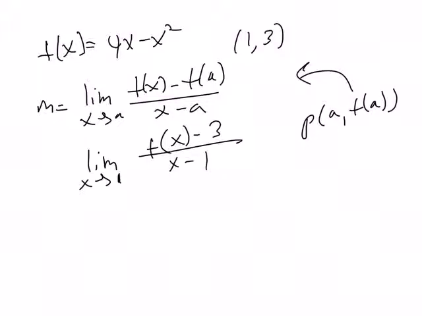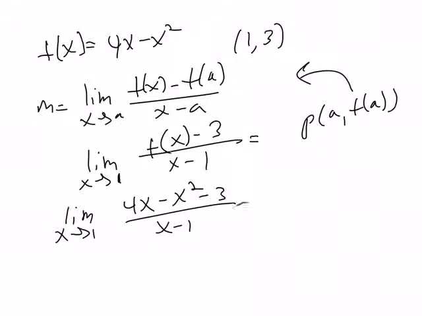This is going to be our tangent slope, or in other words, the limit as x goes to 1, and f of x is 4x minus x squared, then minus 3 over x minus 1, which is equal to negative x squared plus 4x minus 3 over x minus 1.